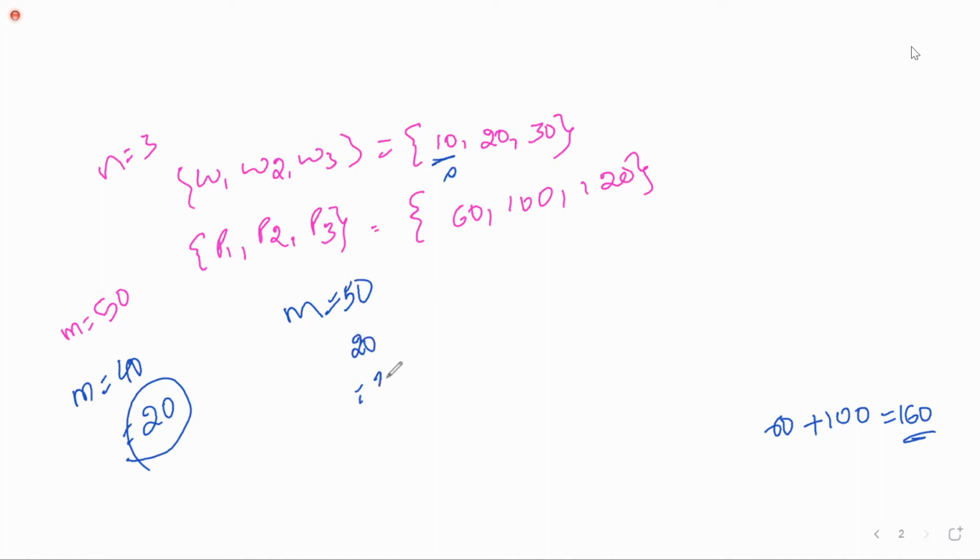If I place 20, my bag still has 30 more, and the profit so far is 100. Next 30. Yes, I can place it. 20 plus 30 fills my bag, and the profit achieved is 120. So the profit I got is 220.